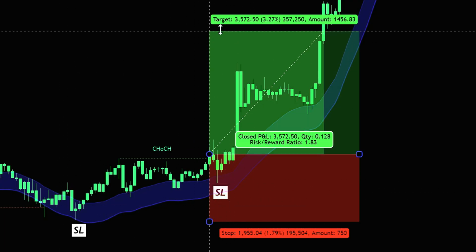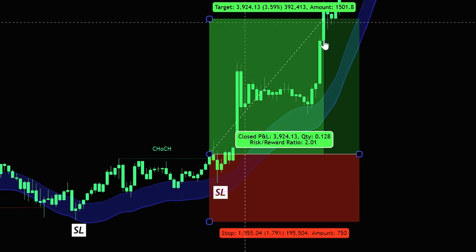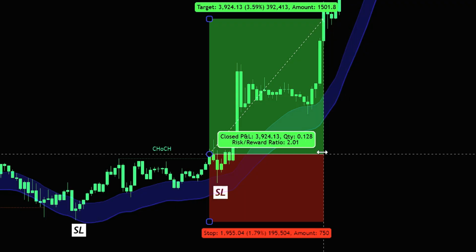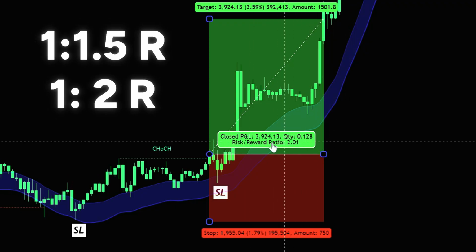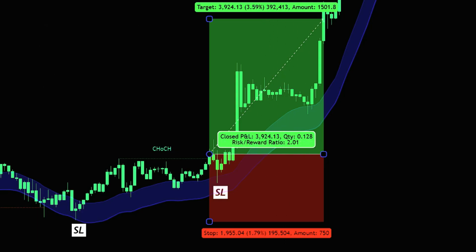As for a target, to keep things systematic, you could use a fixed risk to reward ratio like 1 to 1.5 or maybe 1 to 2. This just helps you know your exit plan before you're in the heat of the moment.